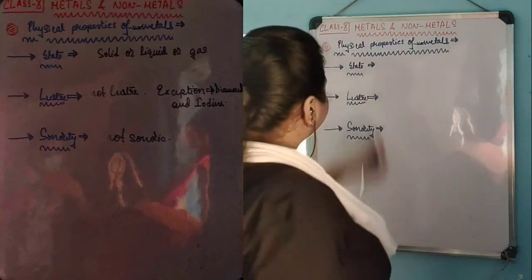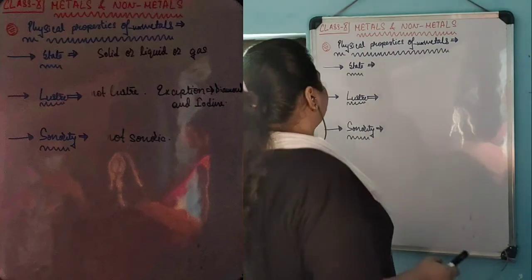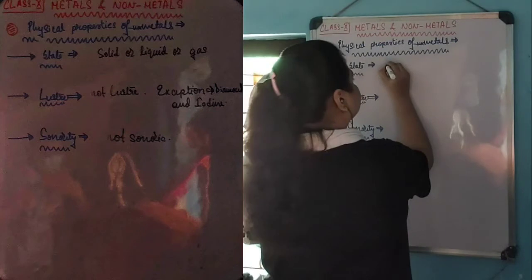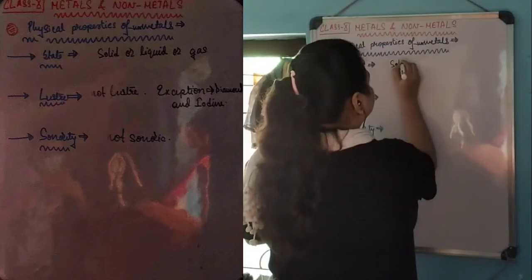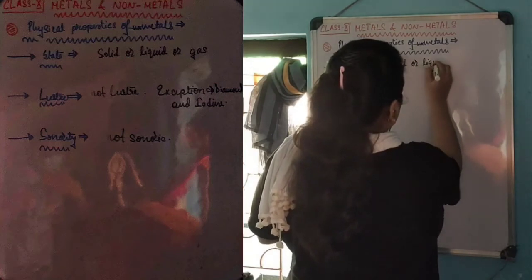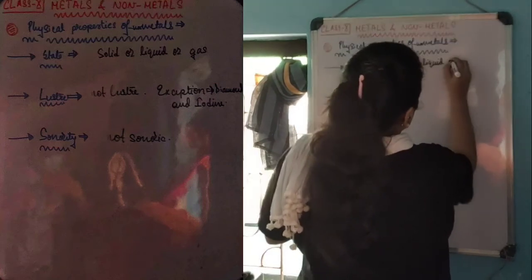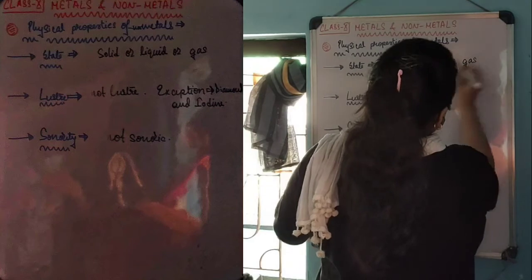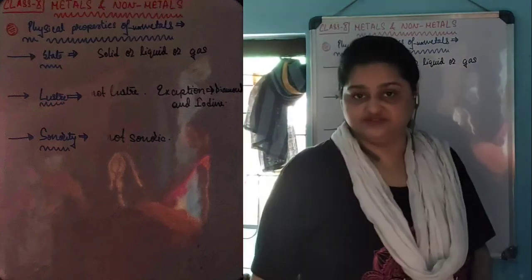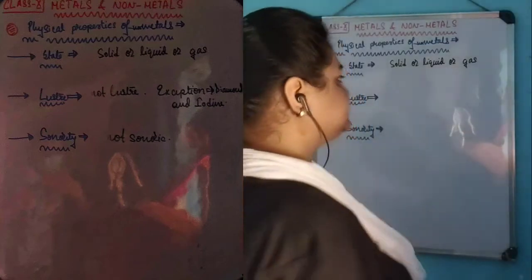So let's get back to the second property, that is the state of non-metals. It will be solid or liquid or gaseous. In any one of these three forms, non-metals do exist, unlike metals which predominantly exist in solid form.